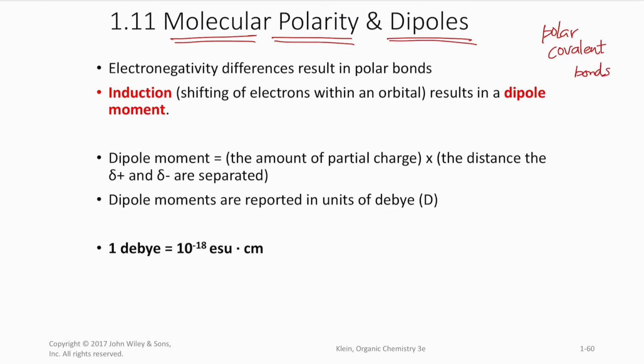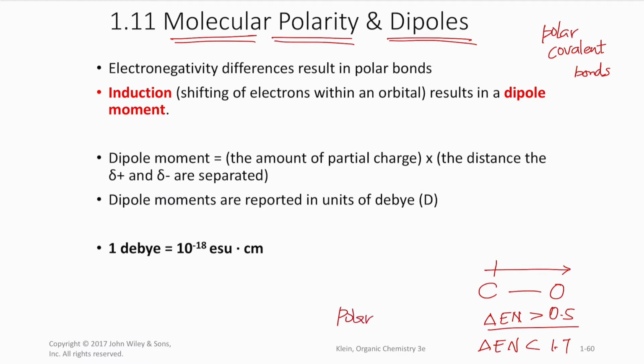I told you that certain atoms, for example carbon and oxygen, have a difference in electronegativity that's greater than 0.5, but when the difference is less than 1.7, the bond is called a polar covalent bond, or in simple terms, a polar bond.